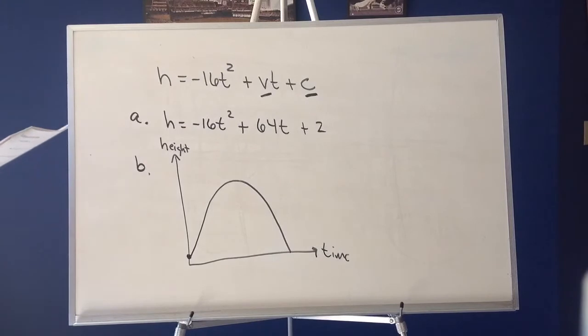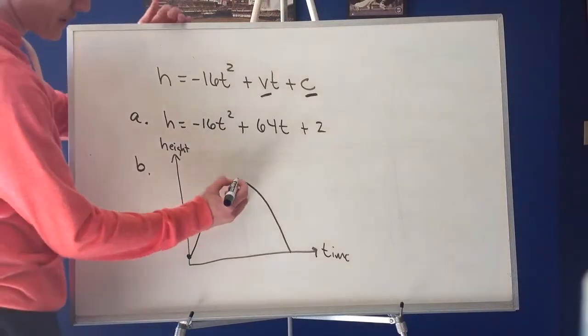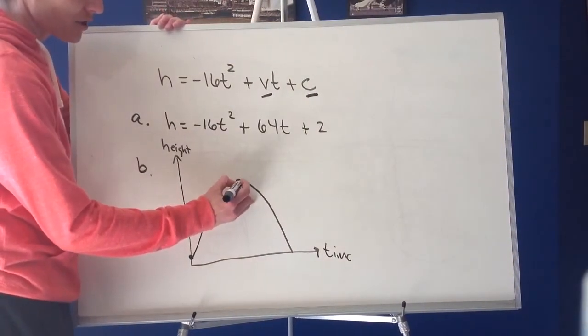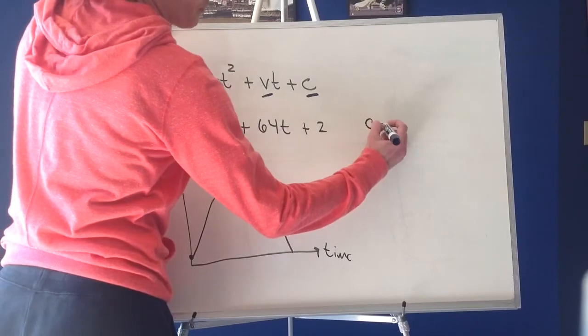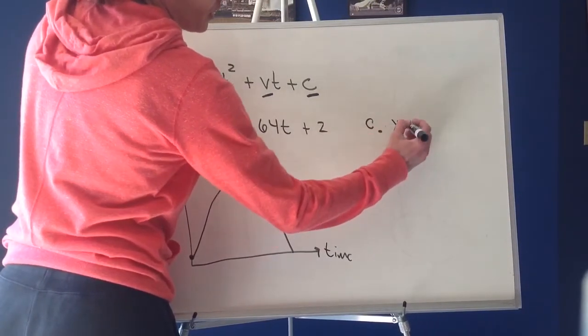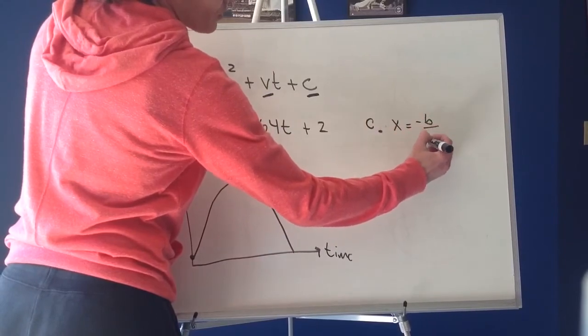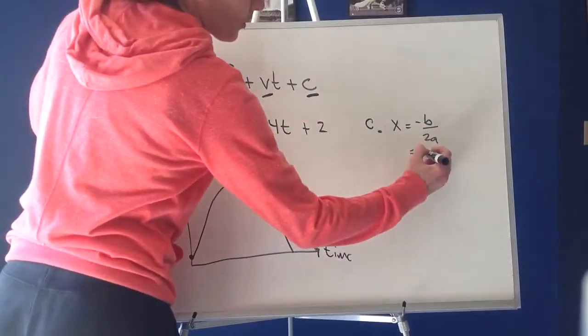Okay, so part C says, how long will it take the ball to reach its maximum height? Now, maximum height is the same thing as the vertex. So essentially what we're going to try and find is the axis of symmetry and vertex, just like we did earlier today. So for C, we're going to do the same thing. We're going to still do our x equals negative b over 2a. So your b would be 64.